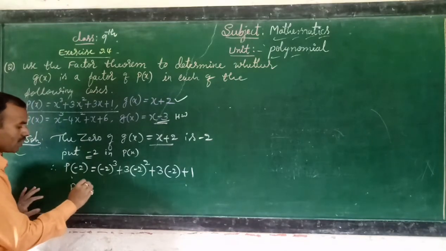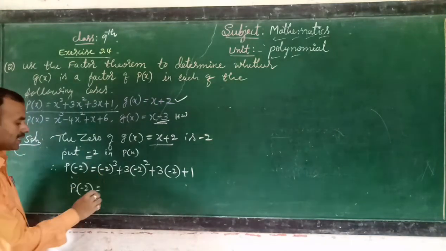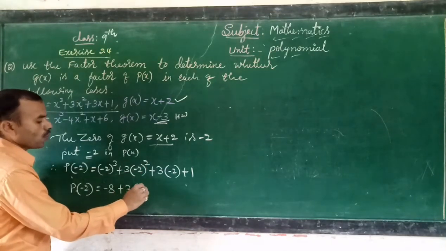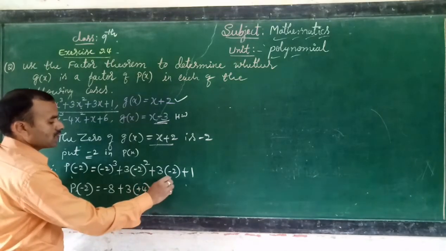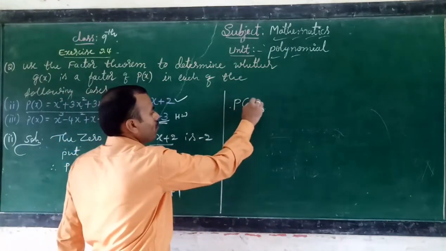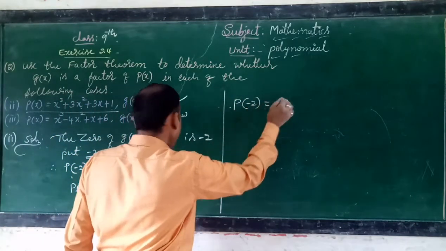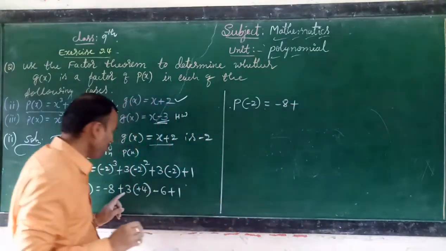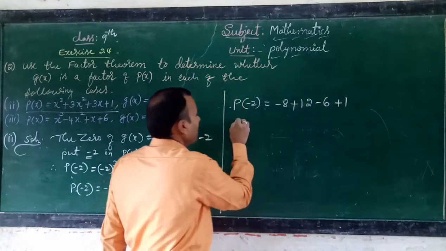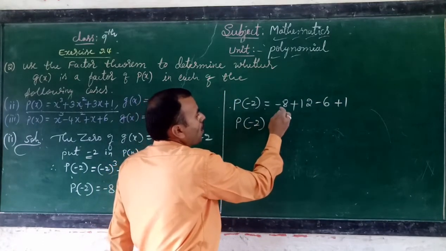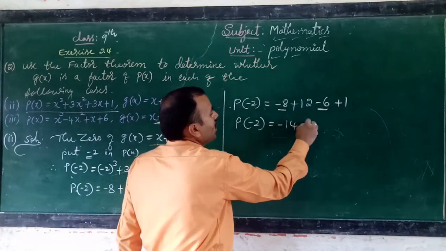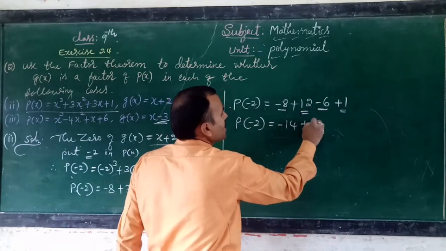P of minus 2 equals minus 2 whole cube, it is minus 8, plus 3 into minus 2 whole square, which is 4, plus 3 into minus 2, minus 6, plus 1. Here P of minus 2 equals minus 8 plus 3 into 4, 12, minus 6 plus 1. P of minus 2 equals minus 8 minus 6 is minus 14, plus 12 plus 1 is plus 13.